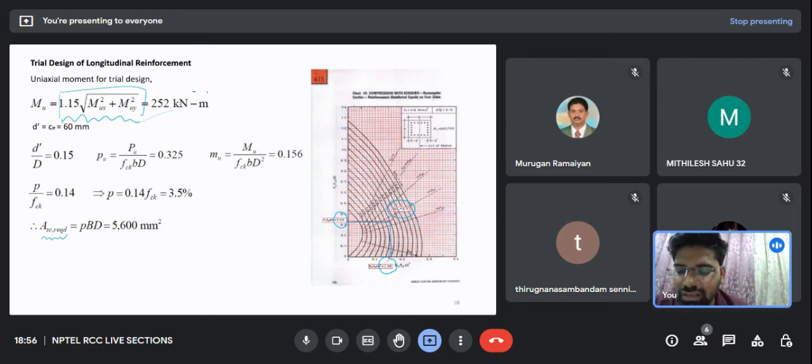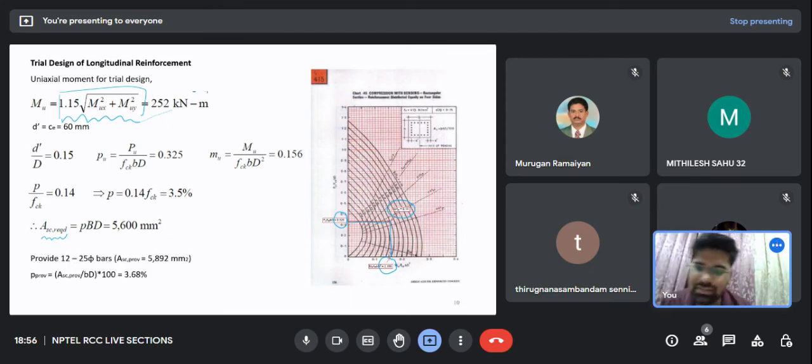This is the area of reinforcement. Now I will provide this reinforcement on all four sides. I have provided 12 bars of 25 mm, which correspond to an area of steel of 5892, greater than what is required. So again I will find the percentage of steel.